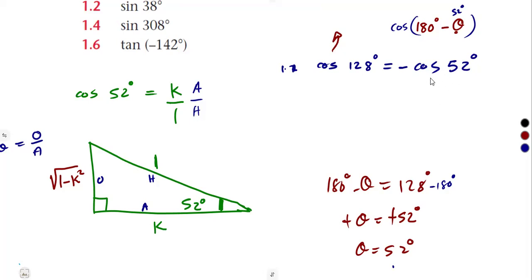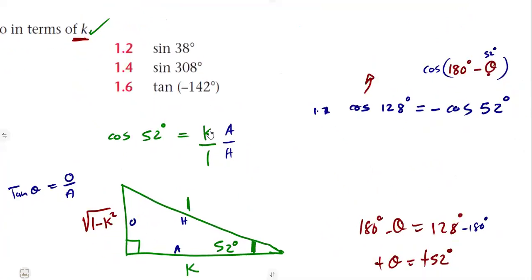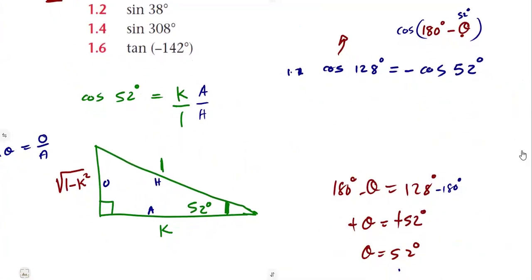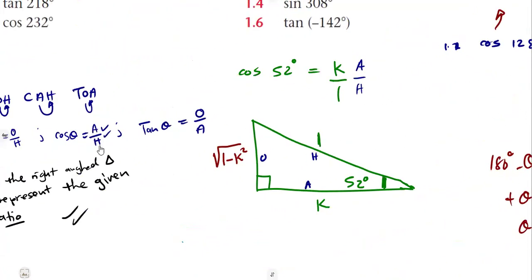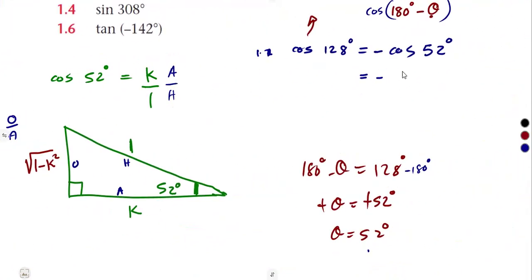But we cannot end here because they said in terms of K. We do not have K in our answer. So what carries the K? Our triangle. According to this, what is the ratio of a cos? A cos is adjacent over hypotenuse. So this is minus the adjacent over the hypotenuse.